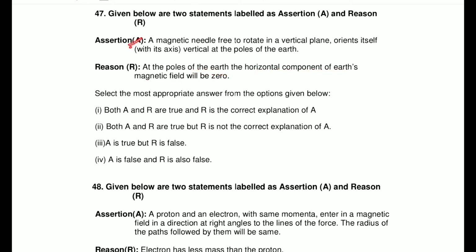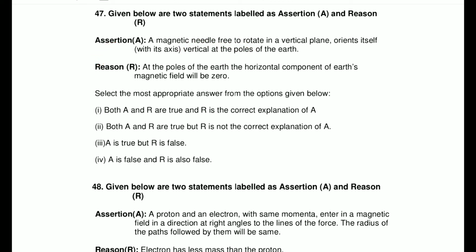Yes, both statements are correct. As the horizontal component is 0, your magnetic needle orients itself with the vertical axis, because obviously there is no horizontal component, so it will automatically orient itself vertically, right?